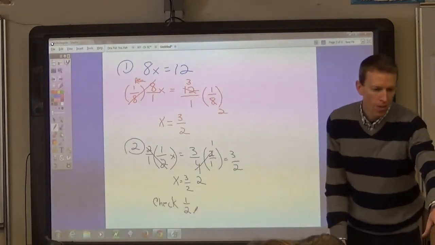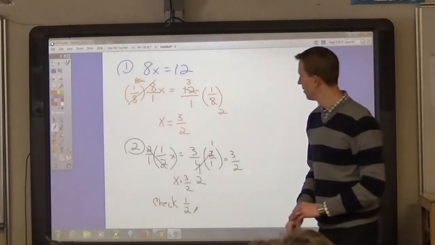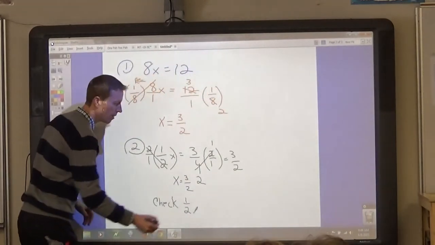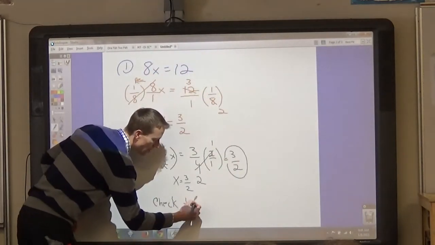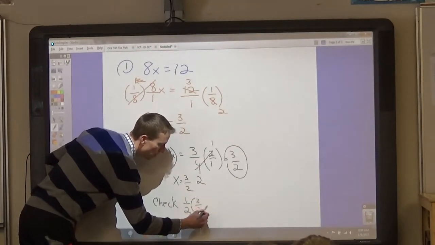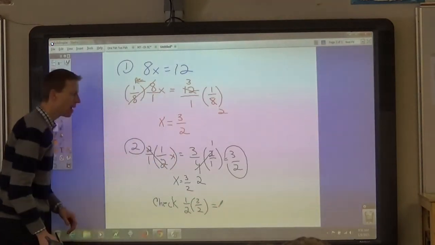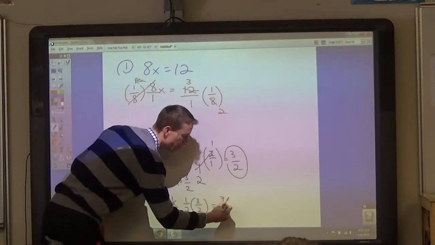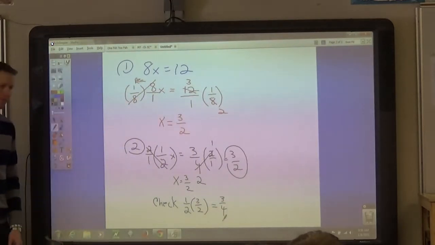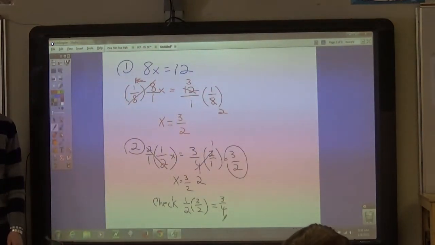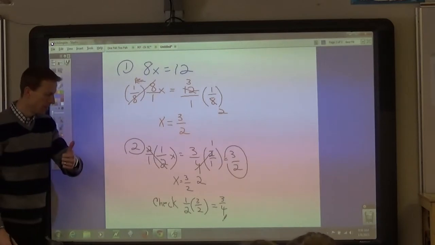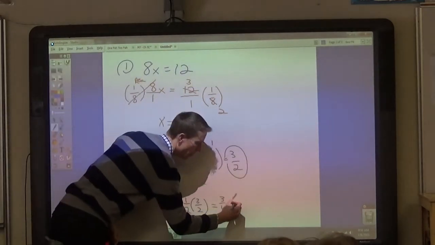Yep, you have to show your work on the worksheet so I can see it. Okay. 1/2. Then the solution times 3/2. Does that equal 3/4? Yep. So write true.